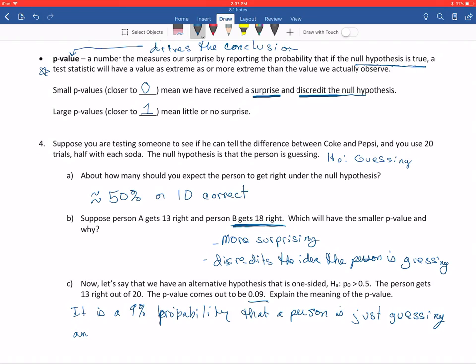So if it's true, that means the person's guessing, and they get 13 or more, because it says as extreme or more extreme than what we saw. So then they would get 13 or more correct out of 20. Okay, so let's read that back one more time after we've kind of written it here. There's a 9% probability that a person is just guessing and they get 13 or more correct out of 20.